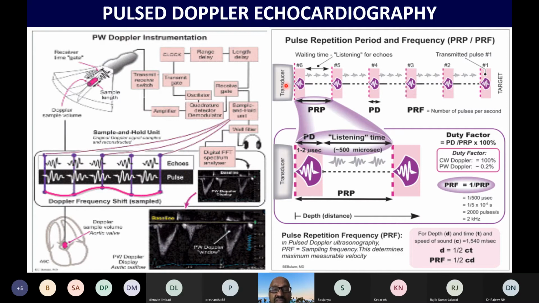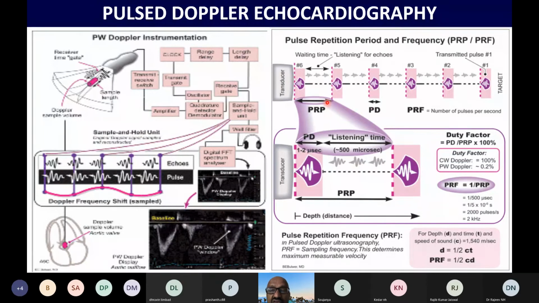In pulsed Doppler echocardiography, there is a single transducer which emits the pulse and then waits for the pulse to return and only then sends the next pulse. So this number of pulses per second is called the pulse repetition frequency, and the duration of each pulse is called the pulse duration, and the interval between two pulses is called the pulse repetition period.